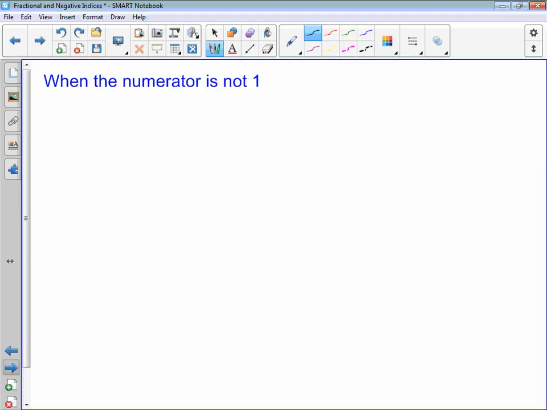If we take, for example, y to the power of 2/3, this is where we need to use another rule of indices, where if we take y to the power of a third and we raise it to the power of 2, or square it, then these two indices are multiplied together to give this index here.